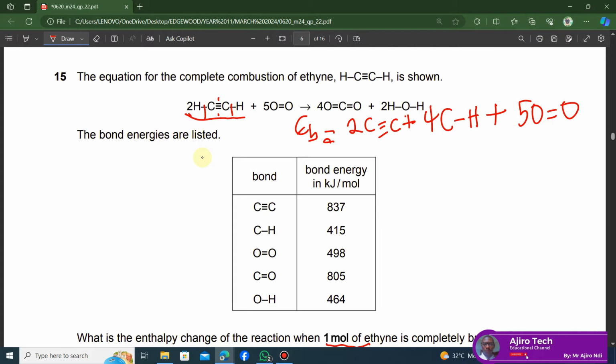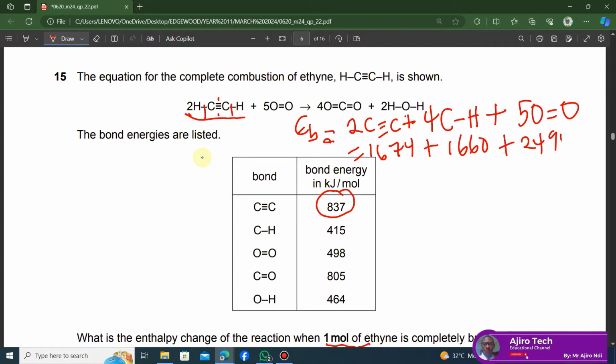So we can compute this now to know what is the total energy required to break bonds. I'm going to use my calculator here. It's going to be 2 times the value for the triple bond, which we have here as 837, so I'm having 1674, plus, since there are 4 C-H bonds, 4 times 415, because the C-H bond is 415, so we have 1660, plus 5 of the oxygen double bond, so 5 times 498, and I'm having 2490.